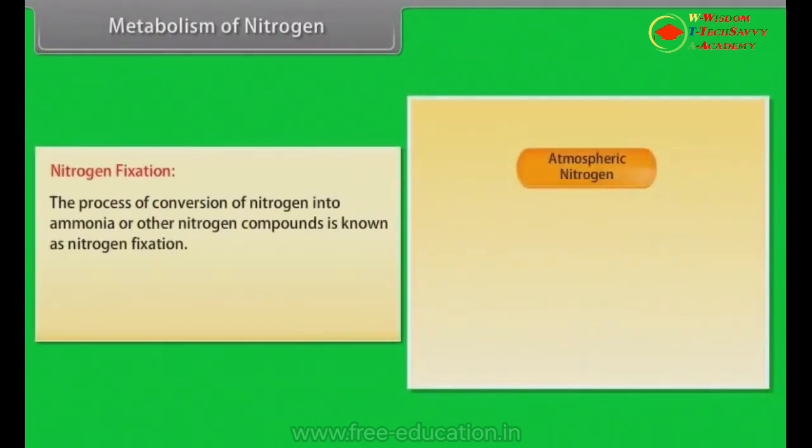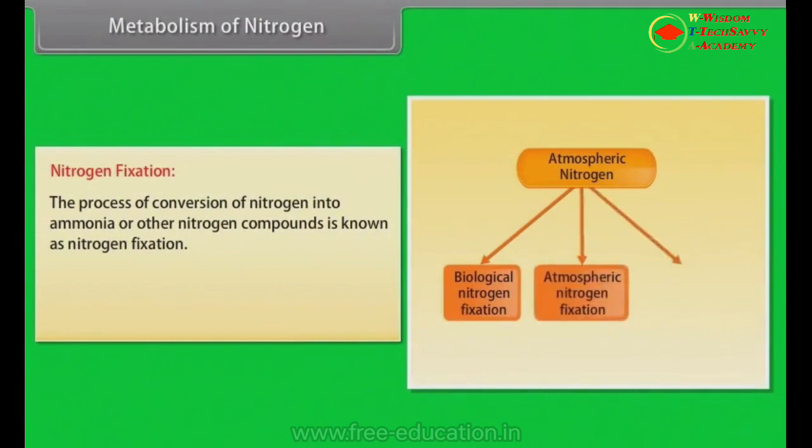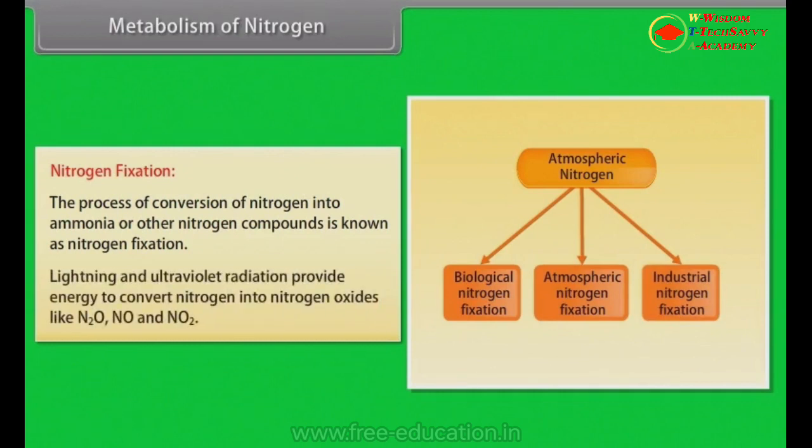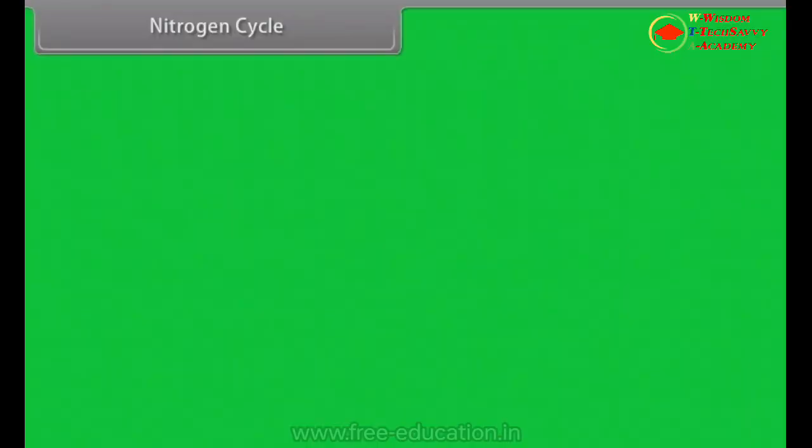The process of conversion of nitrogen into ammonia or other nitrogen compounds is known as nitrogen fixation. Lightning and ultraviolet radiation provide energy to convert nitrogen into nitrogen oxides like N2O, NO, and NO2.